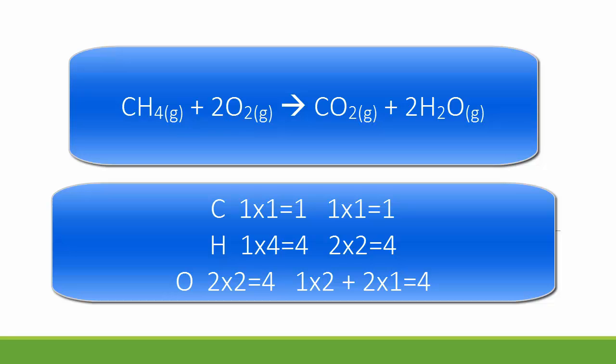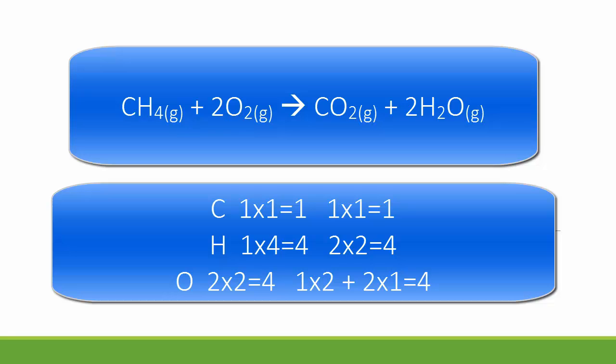And this one I have 2 sets of 1. I'm looking at the oxygen. There's an implied 1 there, right? So in H2O, I have 2 sets of 2 hydrogens and 2 sets of 1 oxygen.